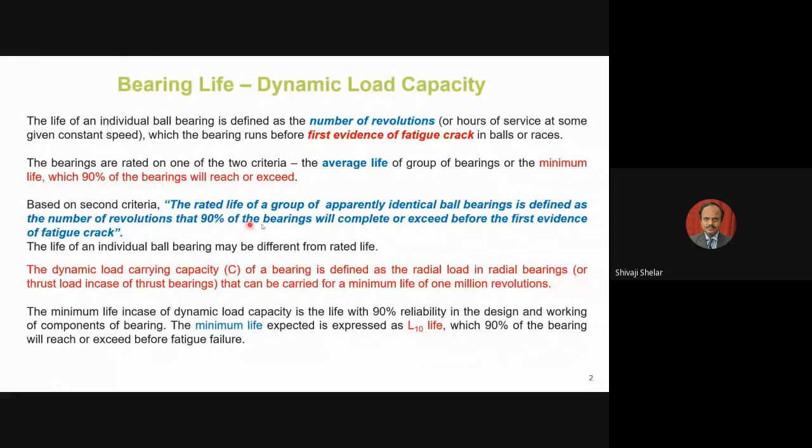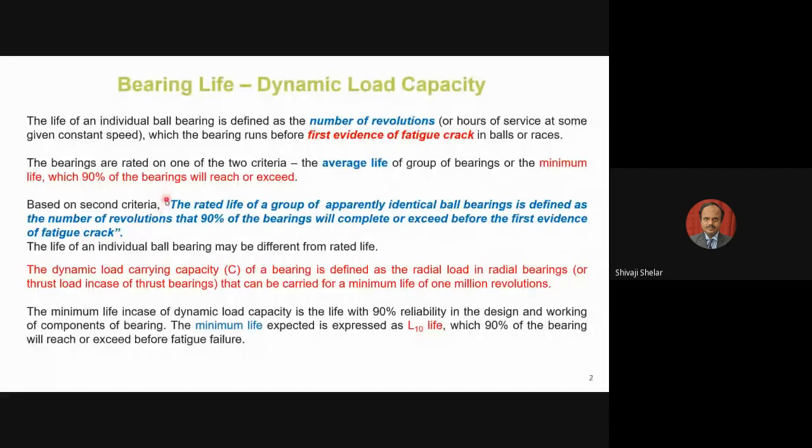This rated life is called the L10 life, that is, the life of the bearing with 90% reliability. So 90% of the bearings complete at least that many revolutions, and that minimum number of revolutions is called the rated life, or L10 life, the life with 90% reliability or probability.